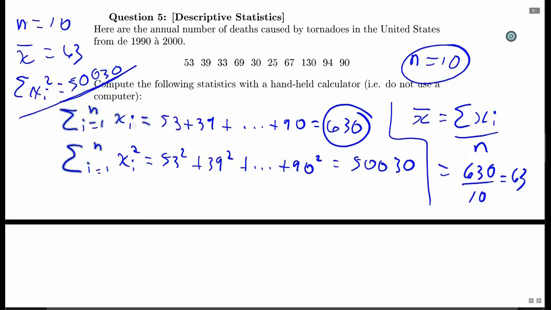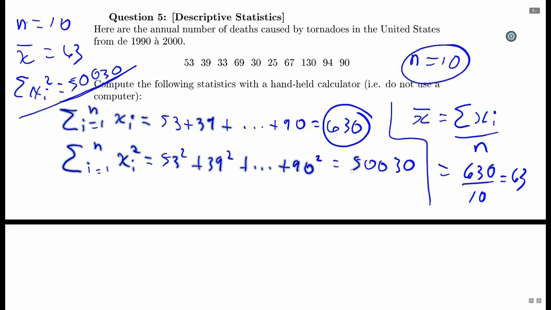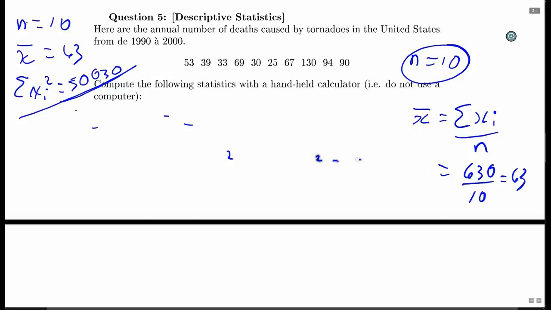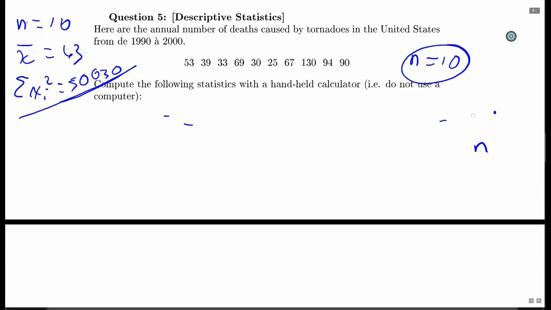Alright, so now our next step is to compute the sample standard deviation. I'll start by using a computational formula, which is a shortcut formula in some sense, which will allow us to compute the standard deviation efficiently by using a handheld calculator.